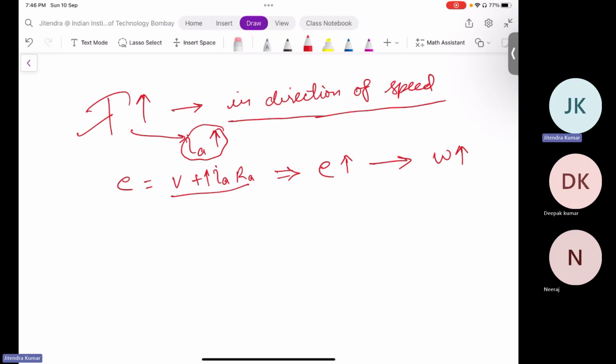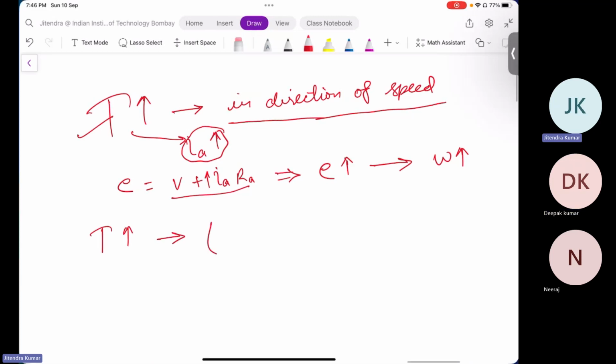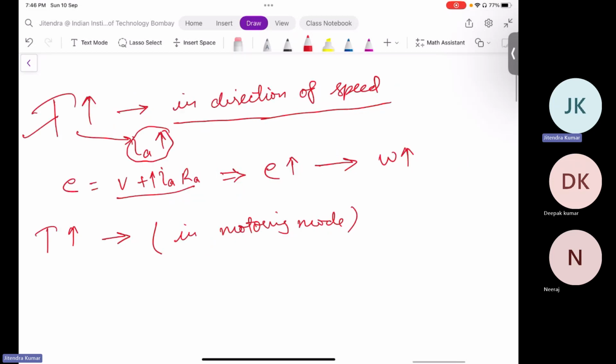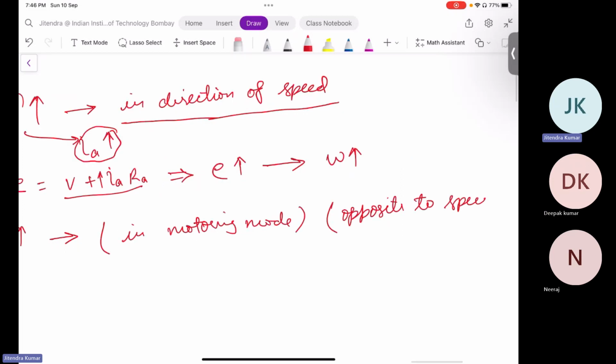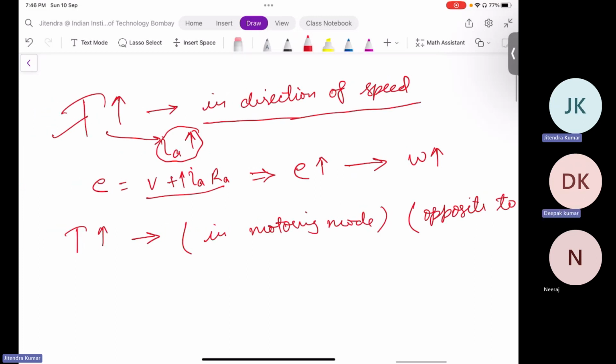Now, the other case, when torque is increased in motoring mode, so in opposite to the speed. Now what will happen? Torque increases, current increases.